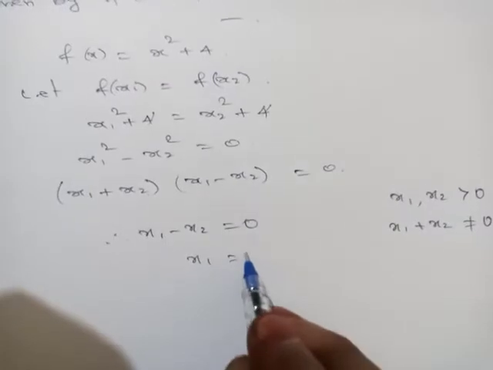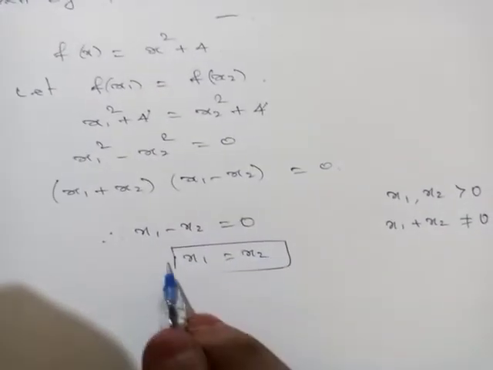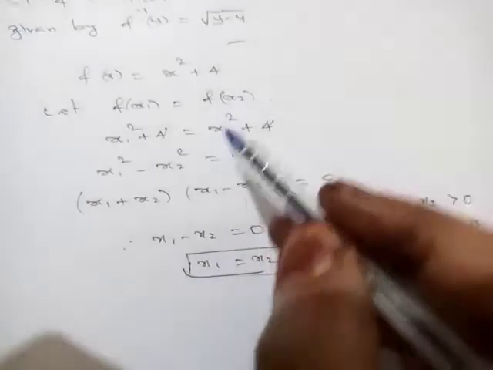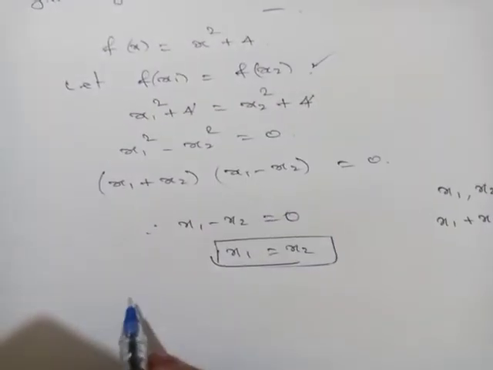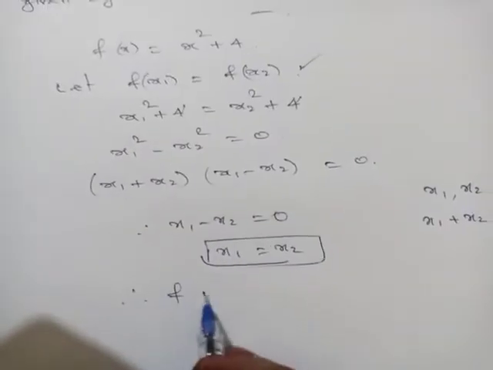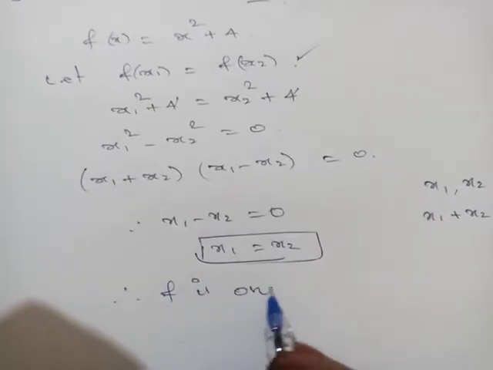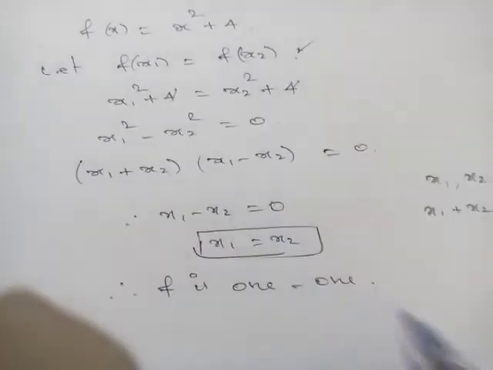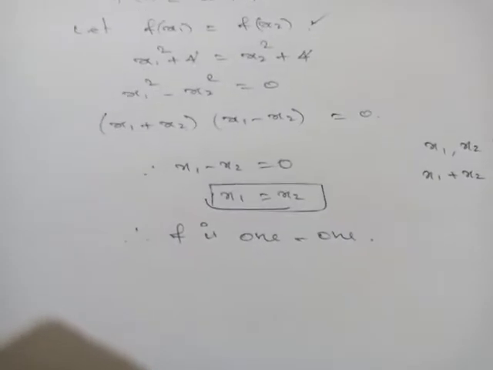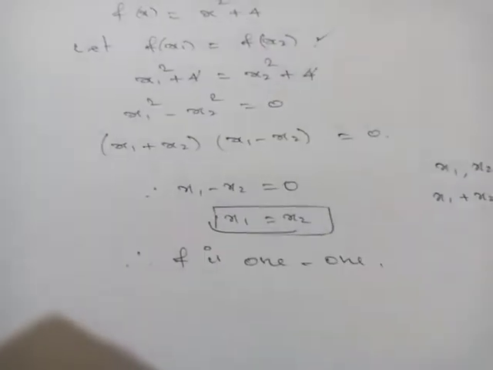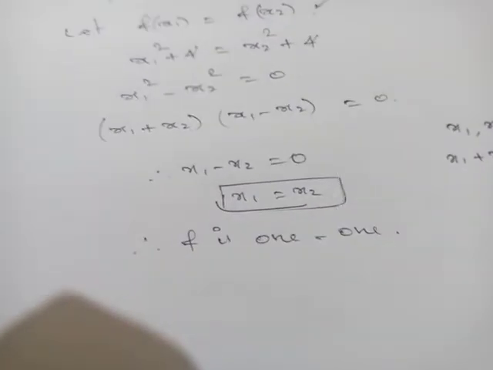This implies x1 equal to x2. So what is the condition? f of x1 equal to f of x2 means x1 equal to x2. Therefore we can say f is a one-one function. So if we prove onto function, that's all. One-one and onto means f is invertible.